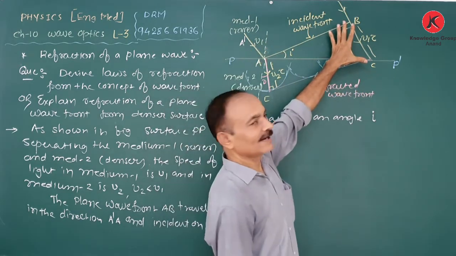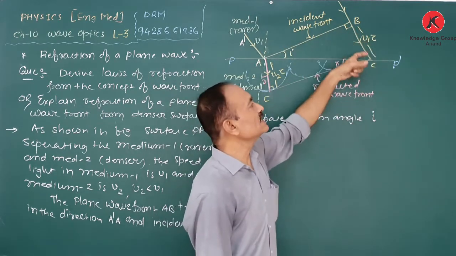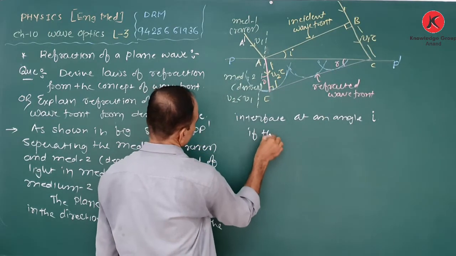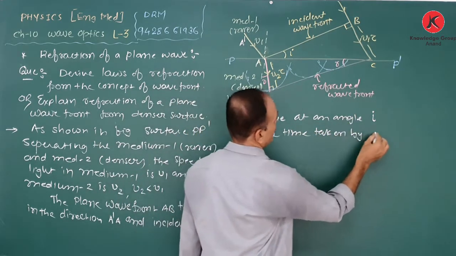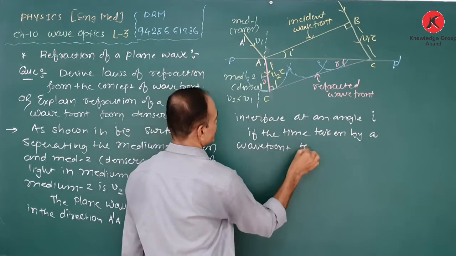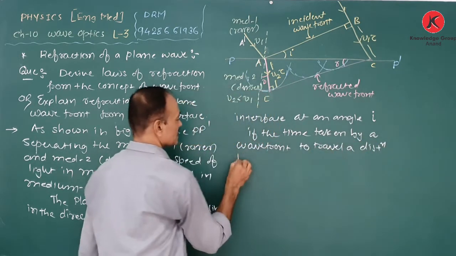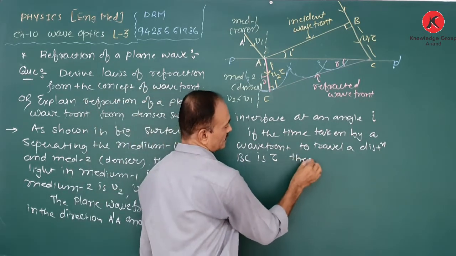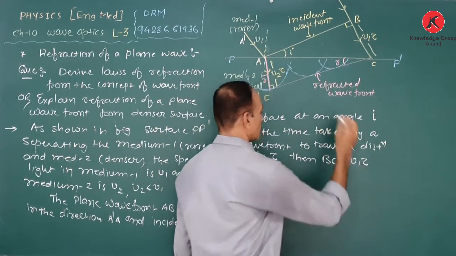If the time taken by the wave front to travel the distance BC is tau, then BC is equal to v1 into tau.